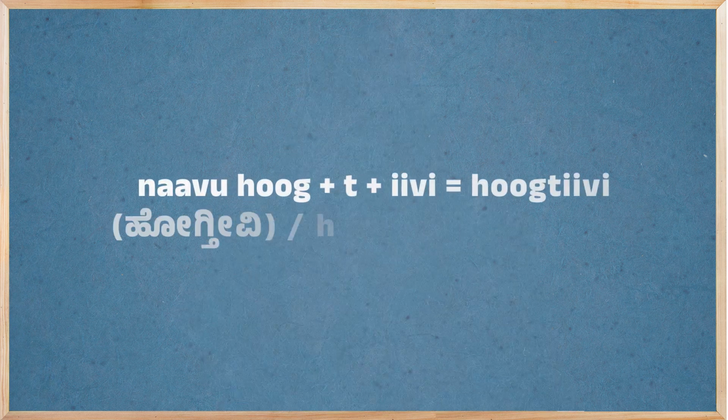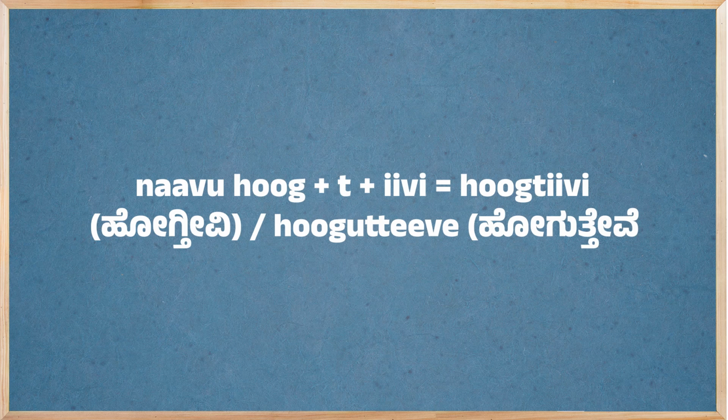Similarly, navu hog plus tha plus ev becomes hogtivi or hogutteve. We will go or we go. Navu is we, hog means go, the root verb, and tha is the non-past tense marker and ev is the first person plural ending.